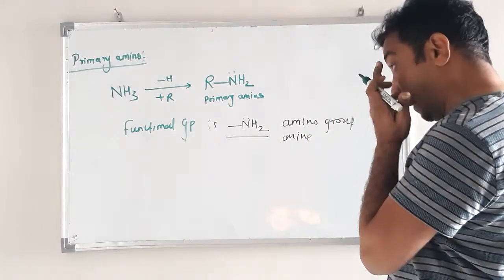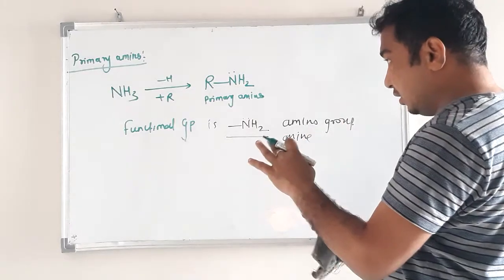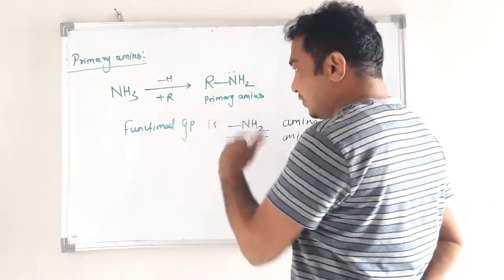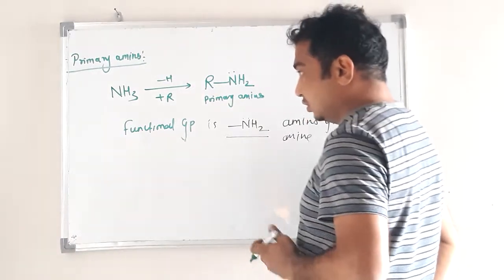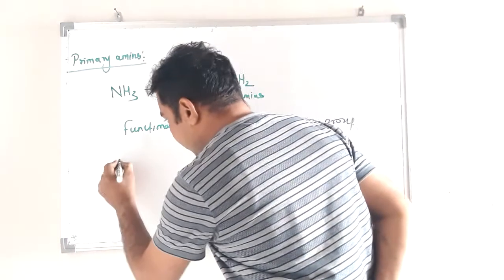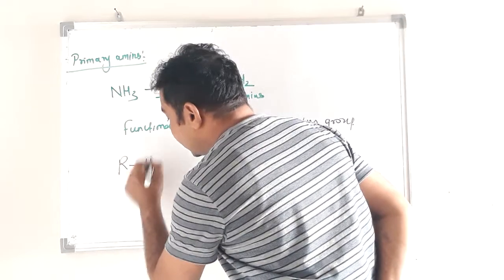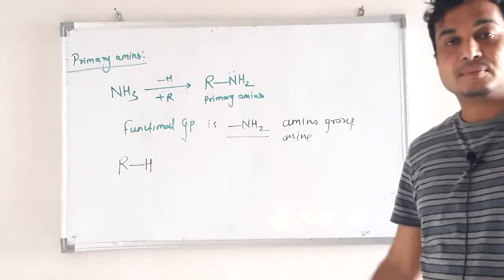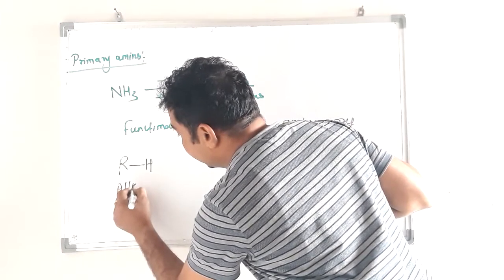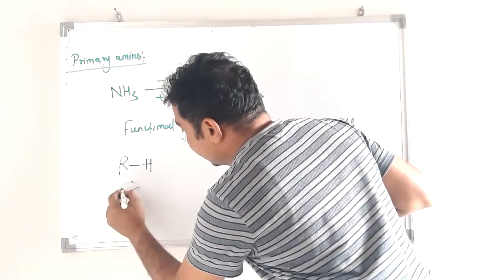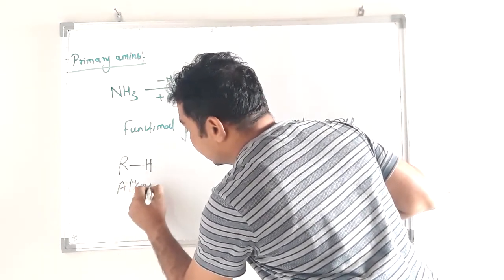Okay, now in another way, I will try to explain one more definition for amines. Suppose RH. What is RH? RH is alkane, an aliphatic hydrocarbon. It is a simple representation of alkane.